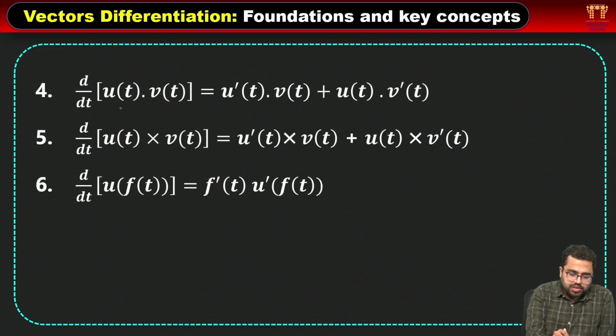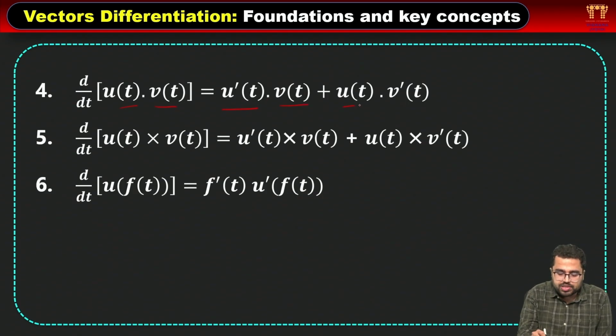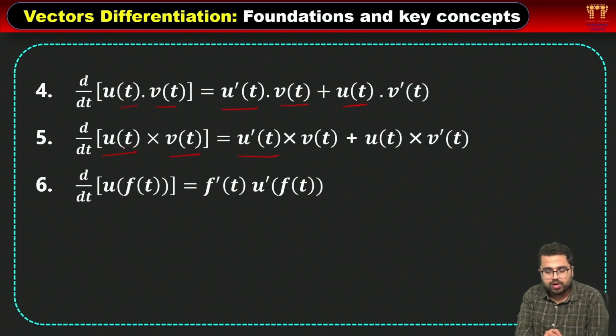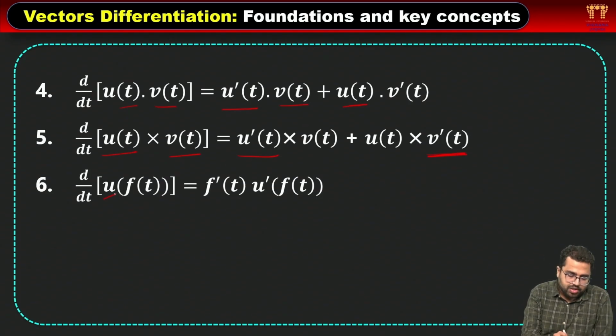Dot product of two vectors also you can find with this formula: first u dash t dot v t, plus u t dot v dash t. And cross product you can find in a similar way: derivative of the first vector valued function cross v t, plus u t cross derivative of the second vector valued function, which is v dash t. And for a composite function u of f of t, you find the derivative of f, which is f dash t, times u dash of f t.